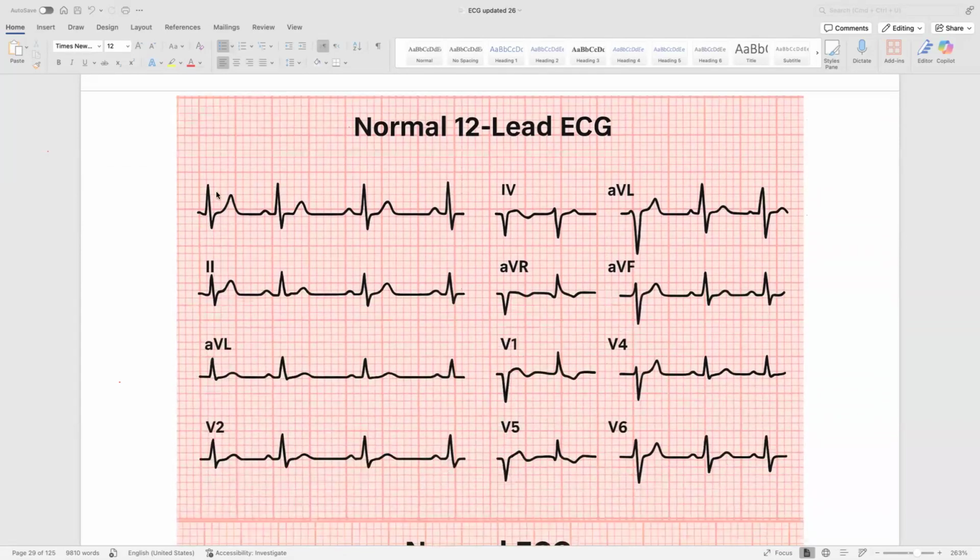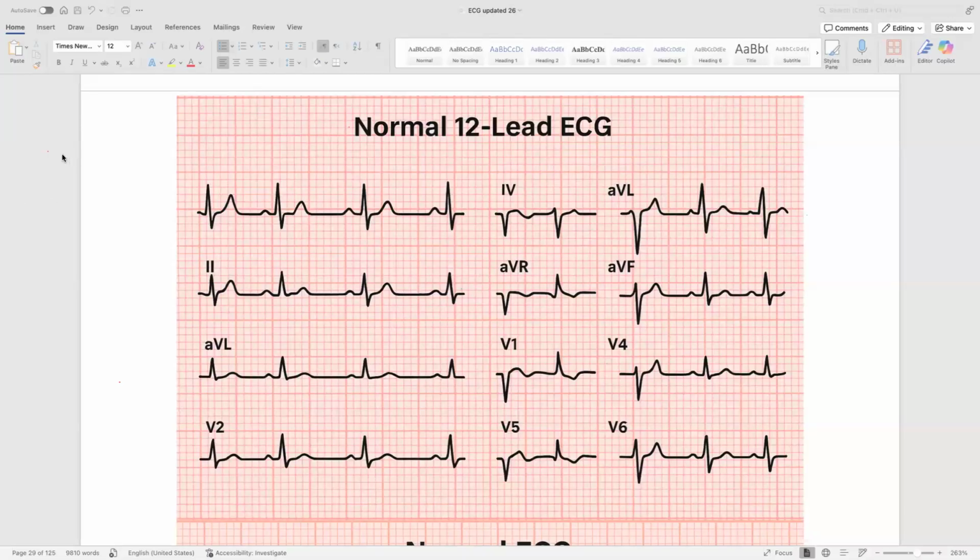So this is the ECG. How much is the rate in this ECG? This is just to know the normality in each lead. For a rhythm, we will depend on lead 2. Why lead 2?